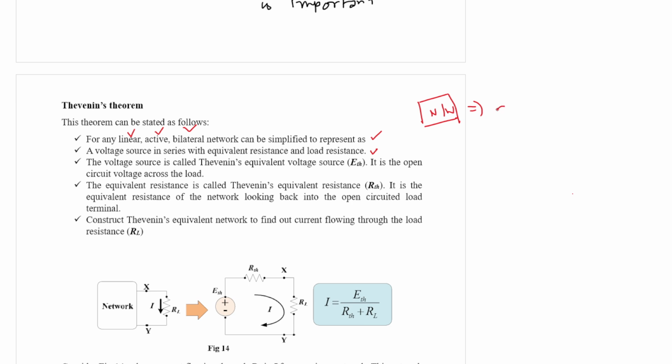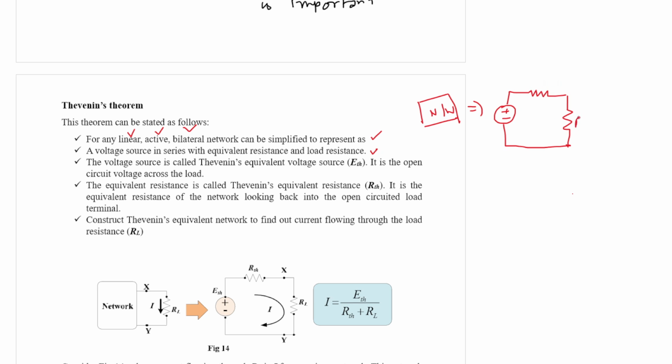We have a voltage source, we have a resistance and we have a load resistance. So any complex network we can equivalently represent by this simple network, which is a voltage source, a resistance in series and a load resistance.